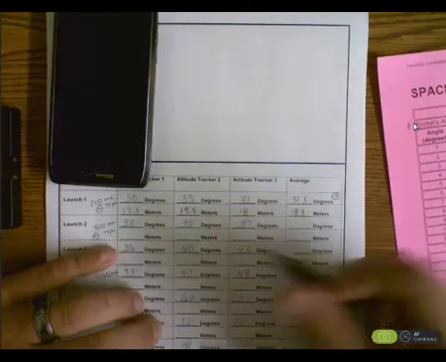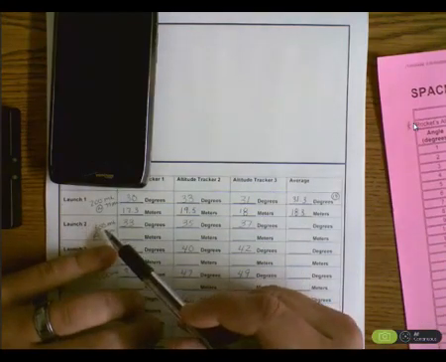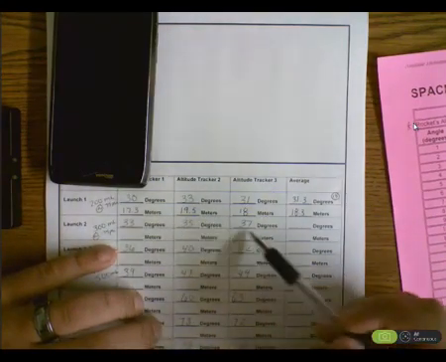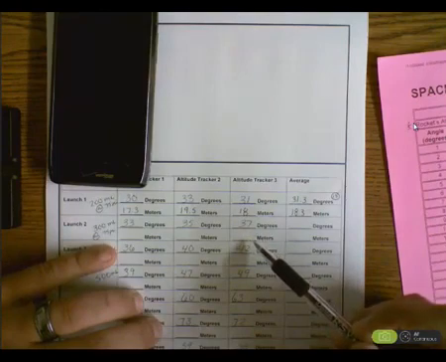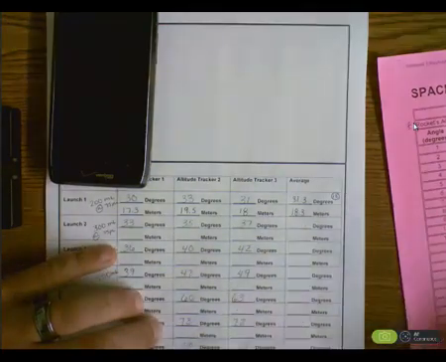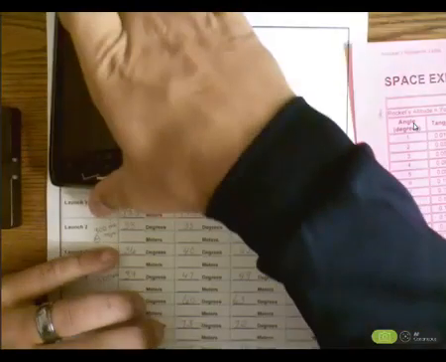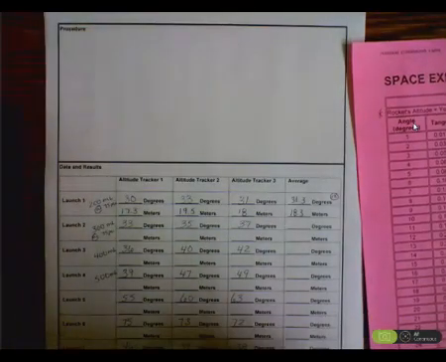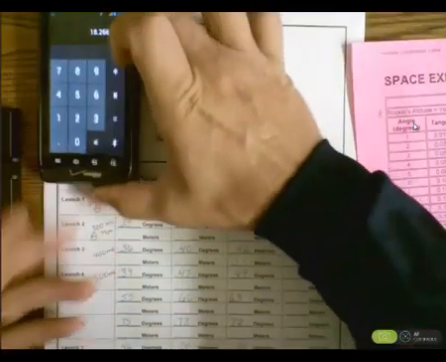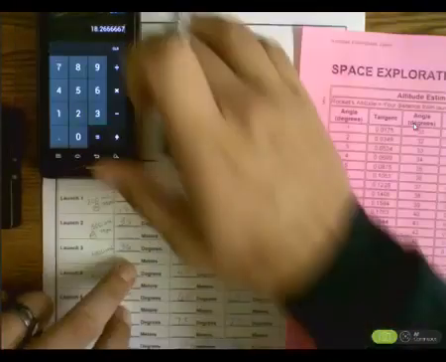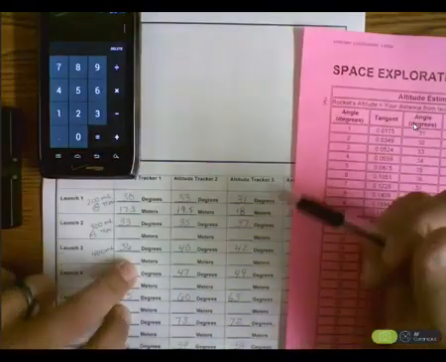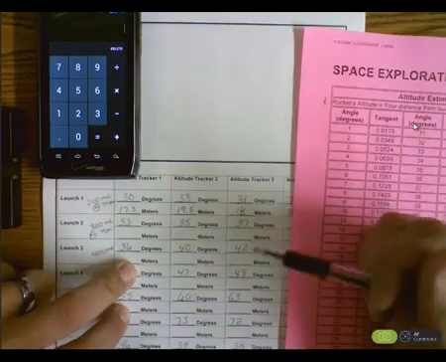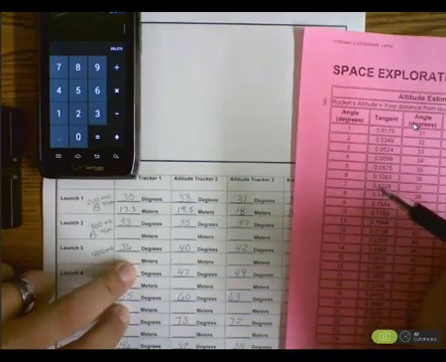Alright, let's move on and do launch number 2. Let's check out launch number 2 as an extra example for you when you get ready to start doing the number of meters for your launches. So again, I'm always multiplying by 30 because 30 is the distance away from the launch pad.